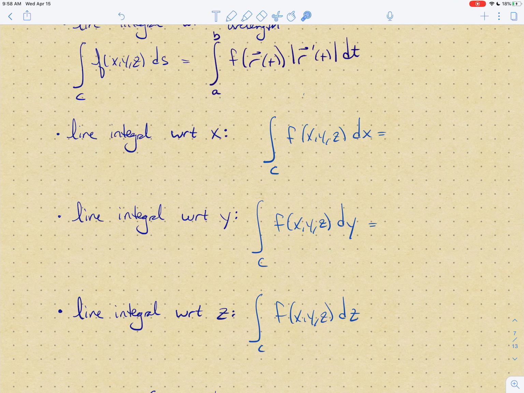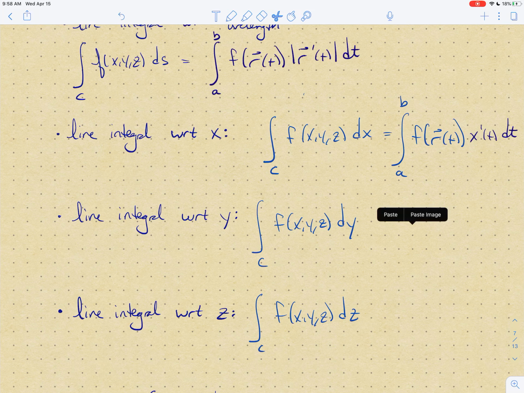Same thing for line integrals with respect to x. Your dx becomes x prime dt, dy becomes y prime dt, dz becomes z prime dt. And then for this one, you just get f of r of t times x prime of t dt.